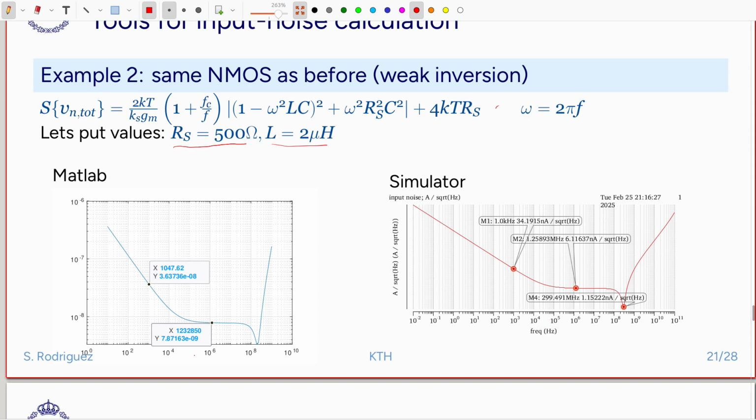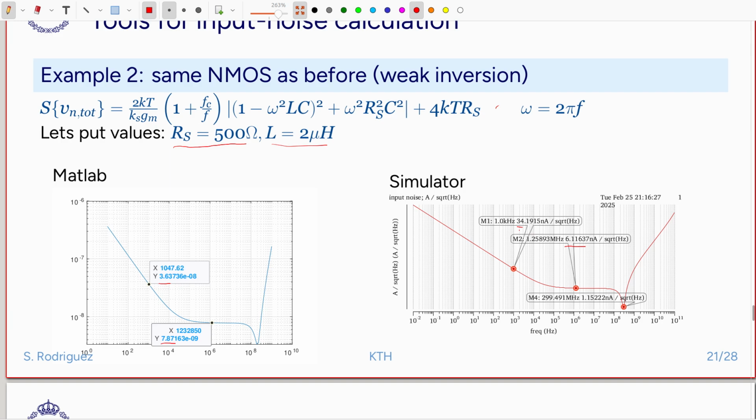We take for instance the thermal noise, the white noise, and then we get around 7.8 nanovolts. The simulator tells me that it is around 6.1 nanovolts. We get the flicker noise at 1 kilohertz, it is 36 nanovolts. We get 34 nanovolts here.